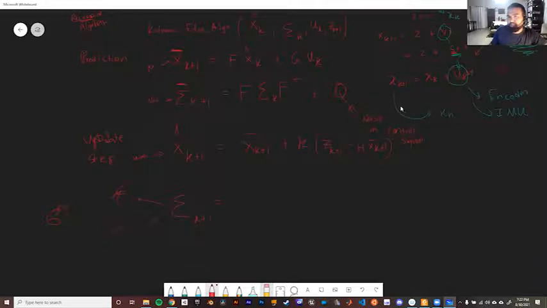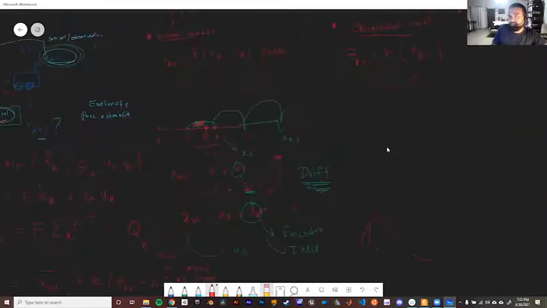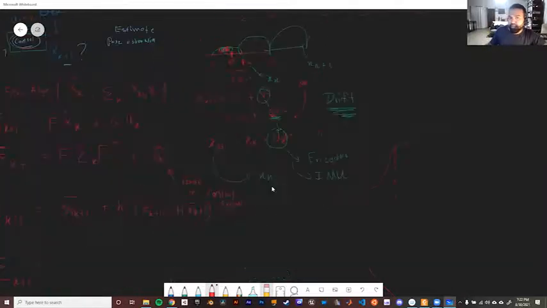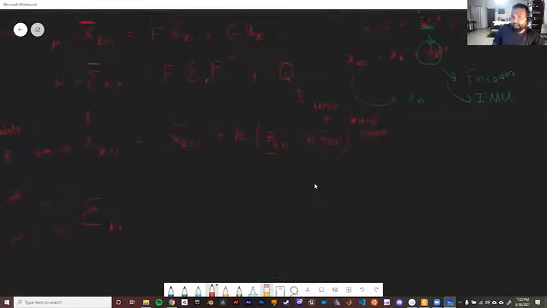Remember the observation model that I wrote, which is this. It maps your current state to the observation. It predicts the observation that you're going to see, right? So by finding the difference between the actual observation and the predicted observation, and multiplying it by this thing called the Kalman gain, you can combine these two pieces of information together.